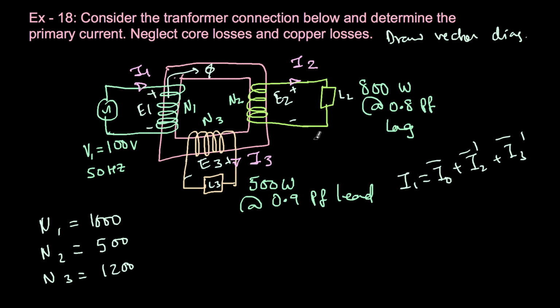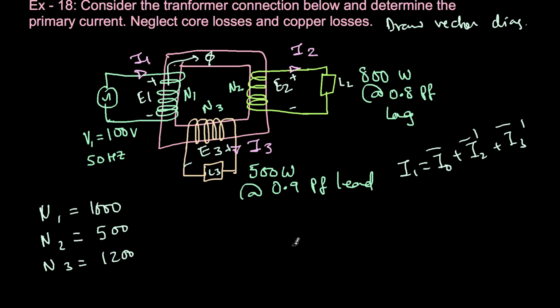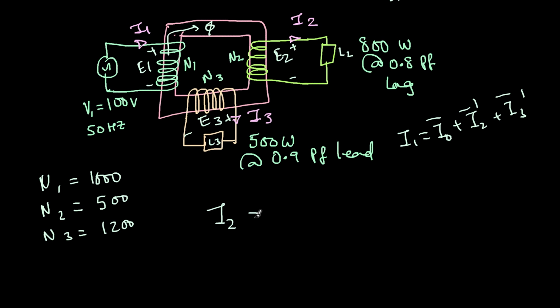So let's first begin by calculating what is I2 and I3. What is I2? Here you see 800 watts at 0.8 power factor lagging and the E2. So first, for calculating I2, we need to calculate what is E2. So E2 will be E1 into N2 by N1. The turns ratio between these two I will use.